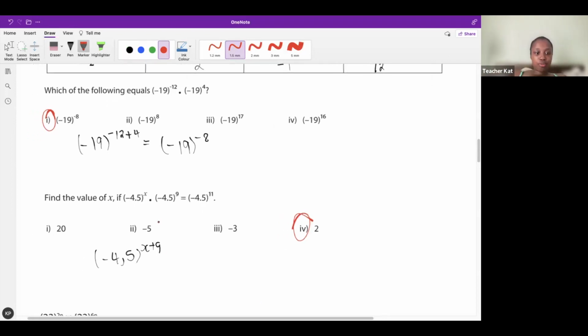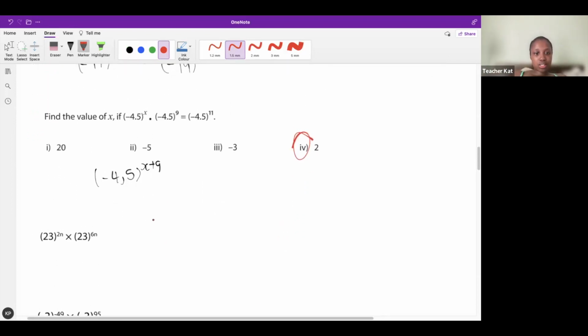Great. Let's get going. Hopefully you guys have taken a screenshot. Next, we have 23 to the power of 2n times 23 to the power of 6n. So then it will be 23 to the power of what plus what?